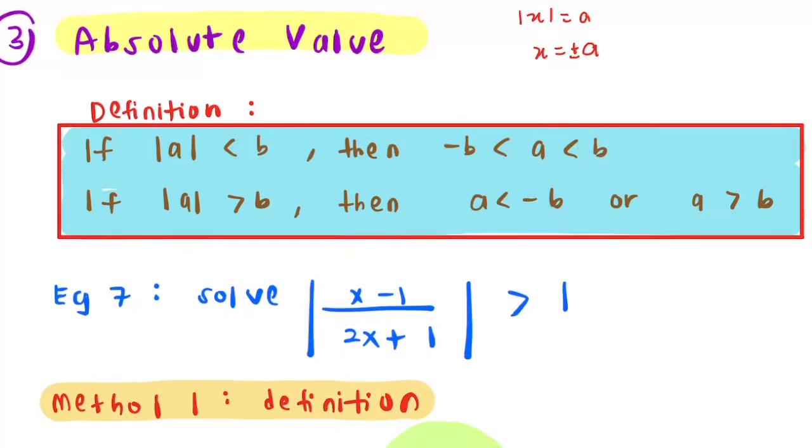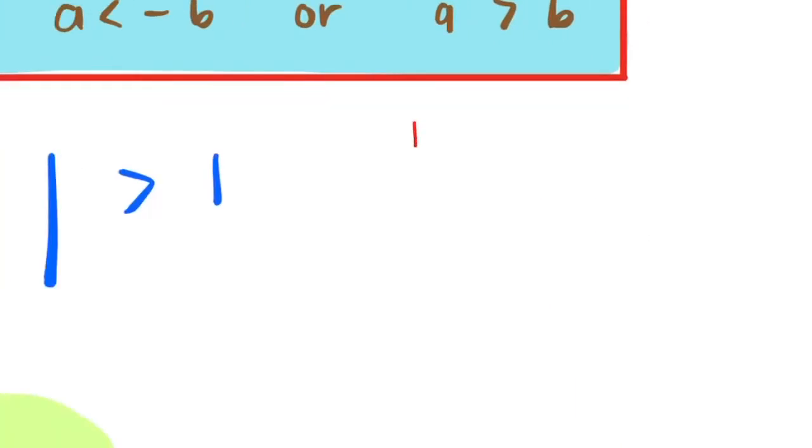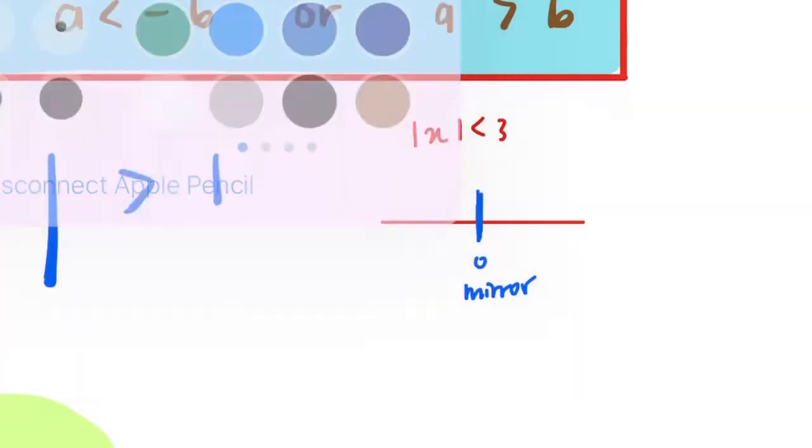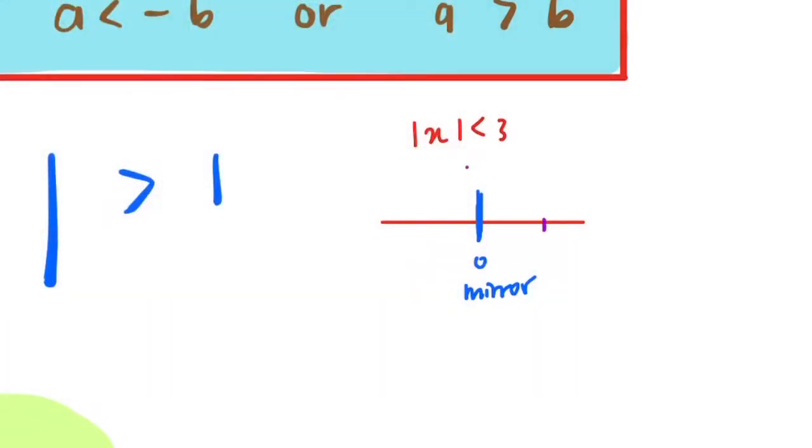Let me show you one example here. For example, absolute value of x is less than 3. If you want to open this up, your absolute value is at 0 here, so this acts as a mirror. It said that absolute value of x is not included and is less than 3.